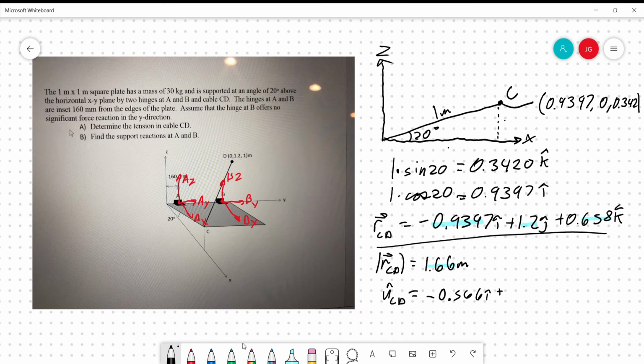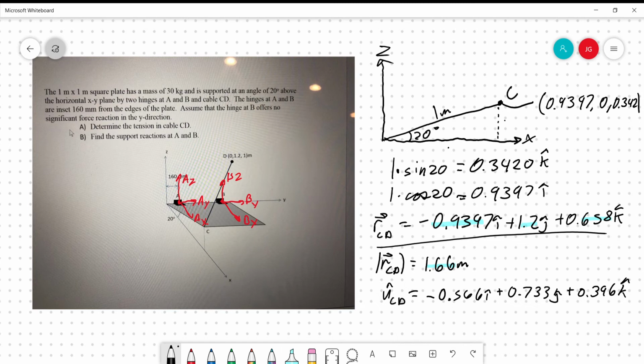plus 0.723j, and then plus 0.396k. Okay. Now what this allows you to do, if I multiply this by any magnitude, I could find the forces in the x, y, and z.